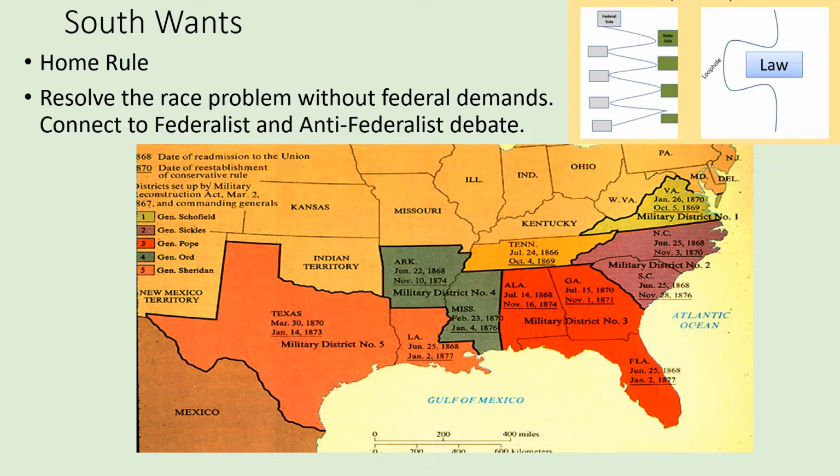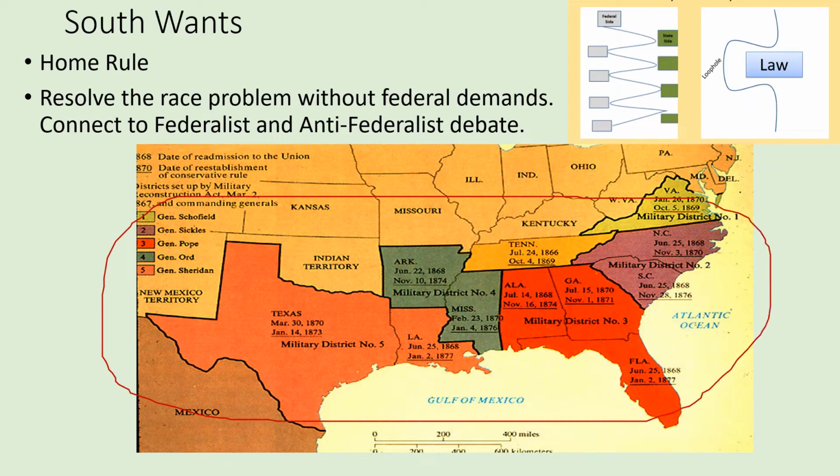The South, from their point of view, is looking at all of this federal legislation as an overreach by the federal government. In this map, we see the South cut into military districts, and this is an example of the federal government trying to make sure that the post-Civil War period is ending, and that states, local governments, and former slave owners are complying with primarily the 13th Amendment.